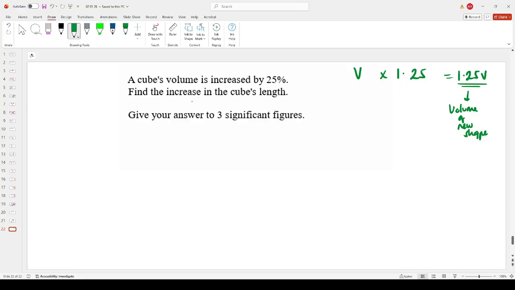Then it says find the increase in the cube's length. So how do I work out the volume of a cube? Is it length times length times length? Right, good.